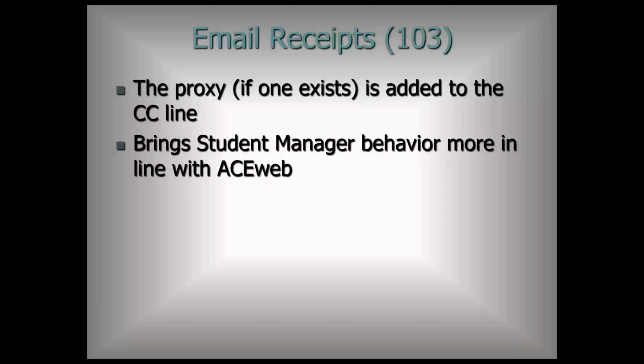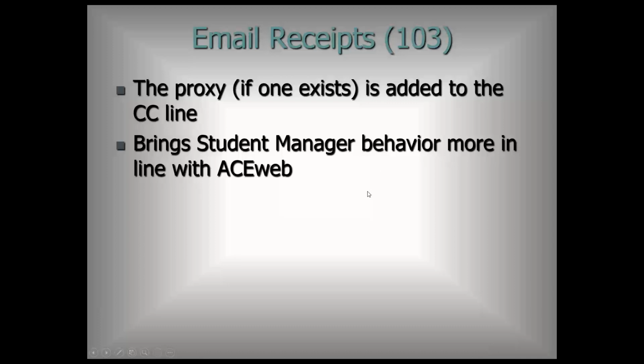Anyway, this is to line up Student Manager behavior more with what's in ACEweb, because if you're resending an email receipt for a web registrant, the proxy person is also probably going to want to get that copy of the receipt as well, because maybe something happened and the email got lost to both of them, so both of them would want it coming again.